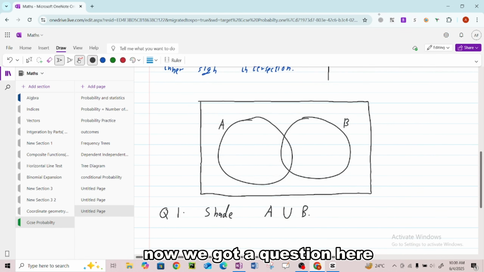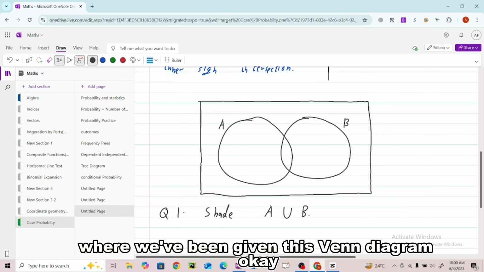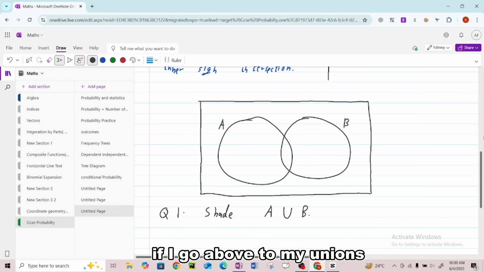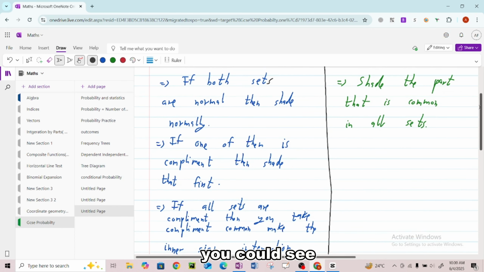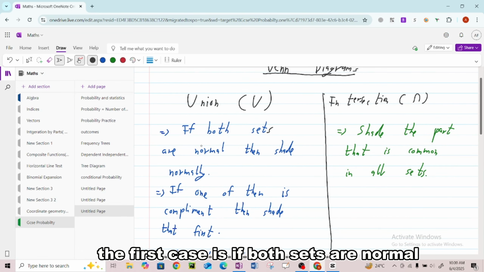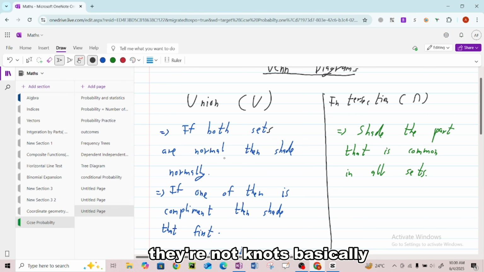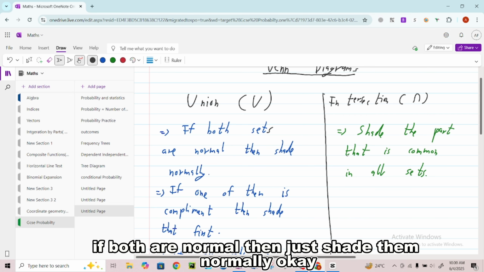Now we've got a question where we've been given this Venn diagram. We have A, we have B. They said shade A union B. If I go above to my unions, the first case is if both sets are normal, that they're not complements, not knots basically, then just shade them normally.